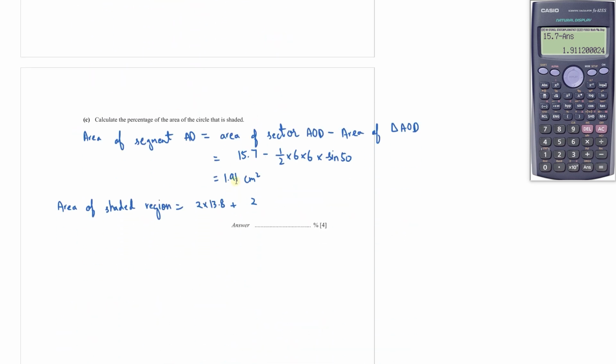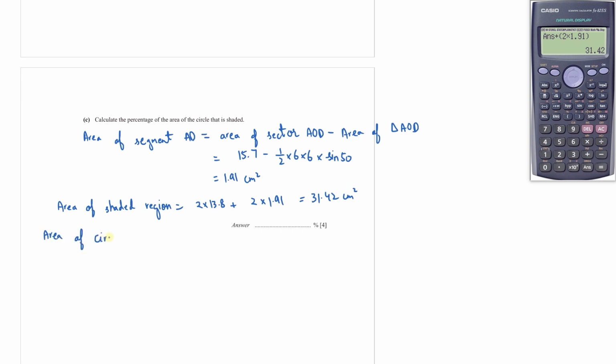So I'll multiply this by 2 as well. So 2 into 13.8 plus 2 into 1.91. So the total shaded area is 31.42 centimeter square.